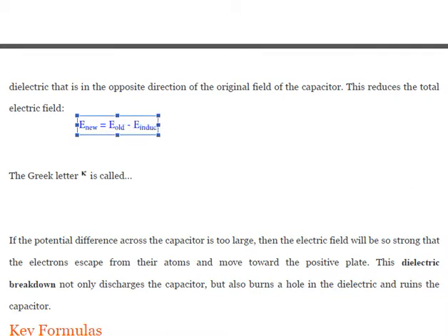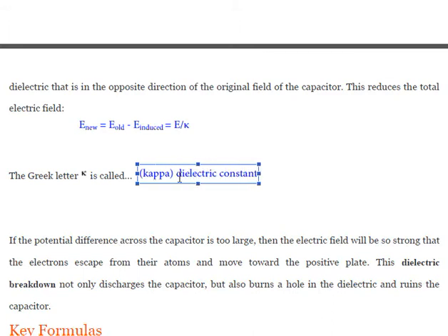minus the induced electric field from the alignment of charges in our dielectric. And that's just going to be E divided by, gotta get a, alright, so electric field divided by kappa. It looks like a little k. So that Greek letter, kappa, it's called kappa, but more importantly, for what we're learning here, that's called the dielectric constant.